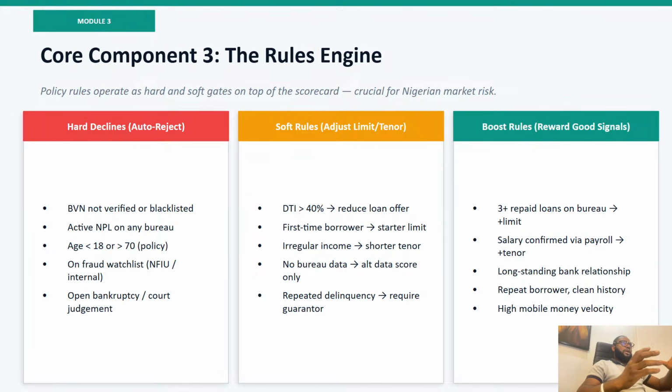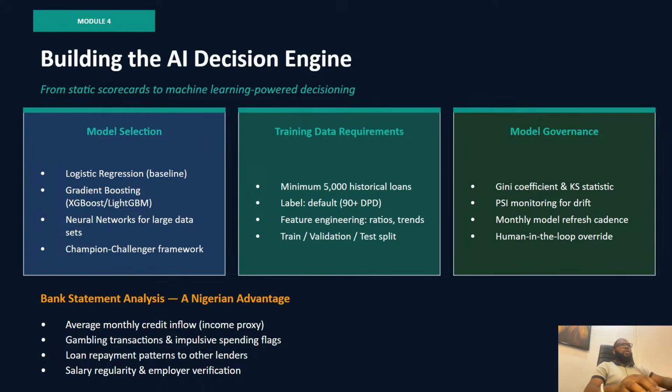The loan agent is able to have access to all this. These are sample rules. For a hard rule, imagine the BVN of a customer is blacklisted. Before the underwriter is looking at this list, with a sync with the API, the loan agent is able to determine that this customer is in the blacklist.